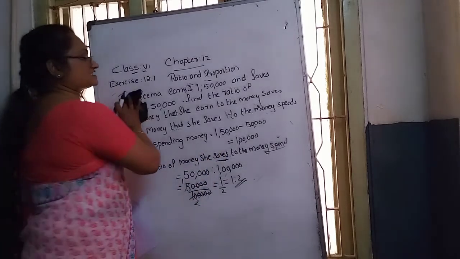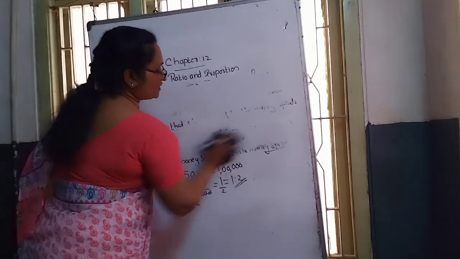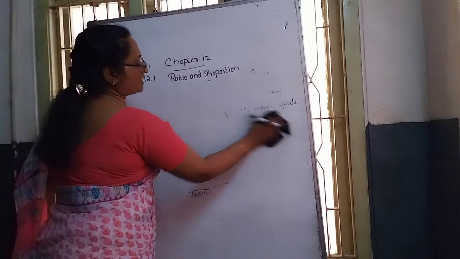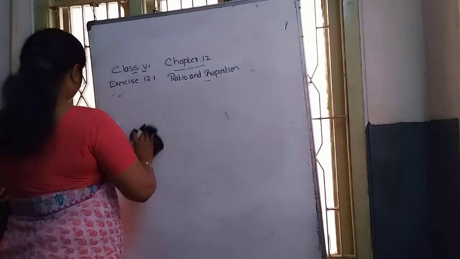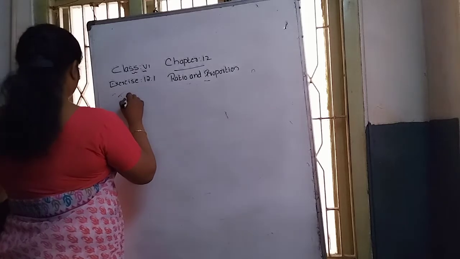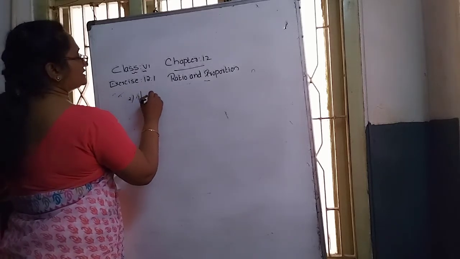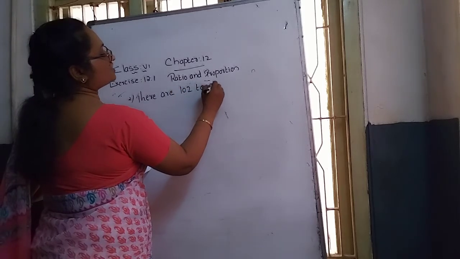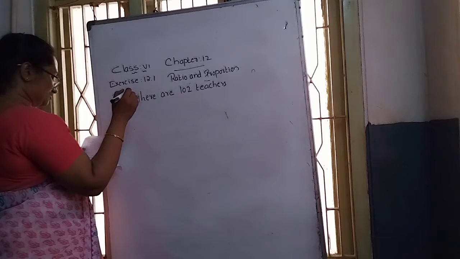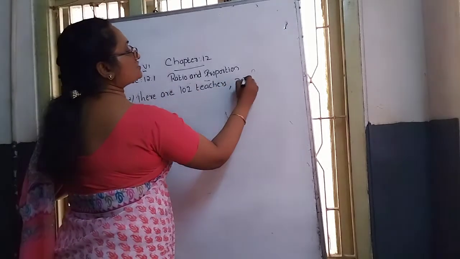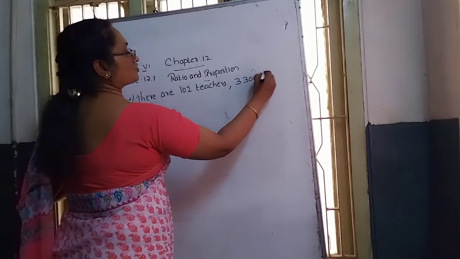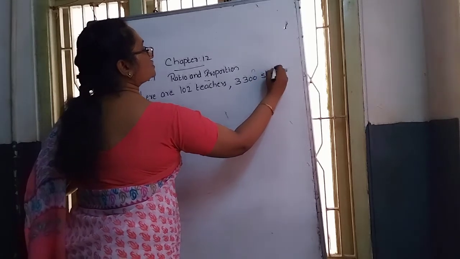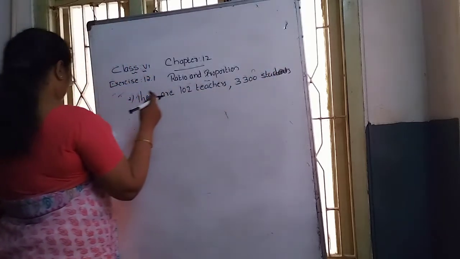I hope you can understand this word problem. Next we go through some model questions, word problems where we find the ratios. The second question: there are 102 teachers in a school, and the total strength of the school is 3,300 students.